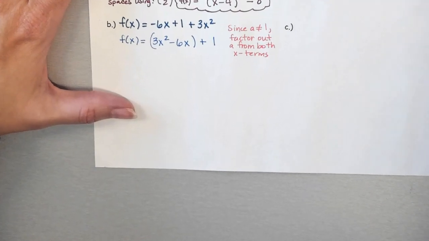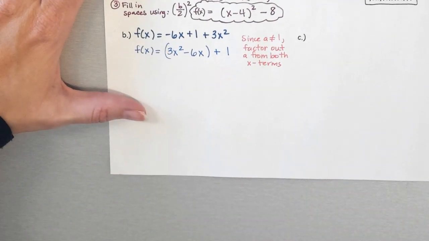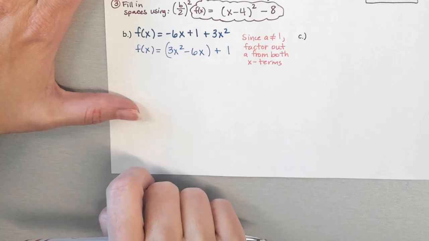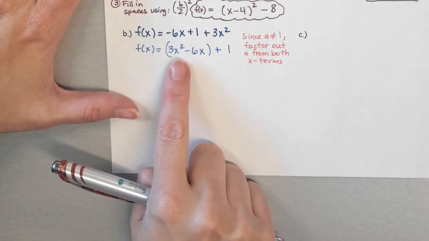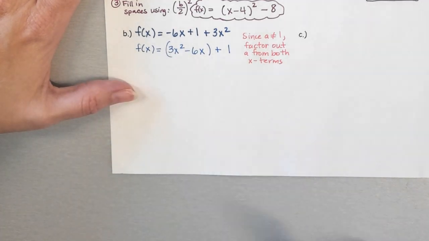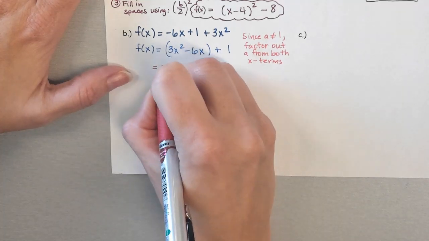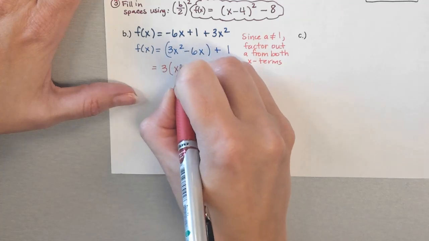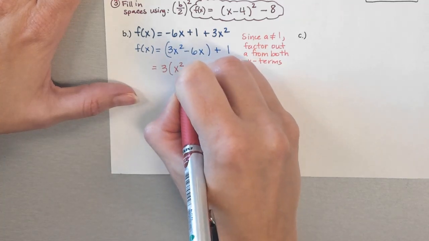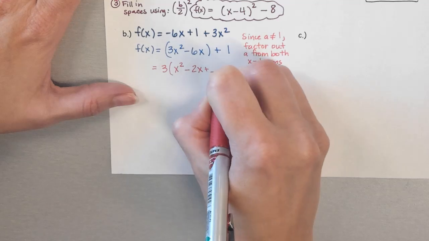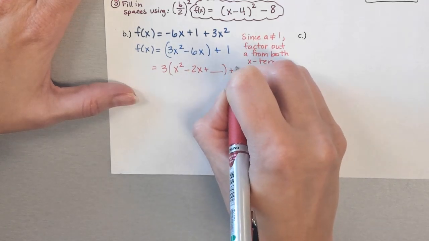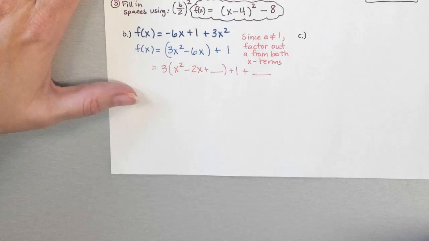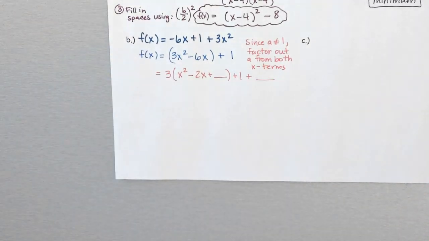Okay, the only part you're using to complete the square are the x values. So that one works out quite nicely because what goes into both 3 and 6? 3. So you're only factoring out the 3. You're not factoring anything else out because you're going to be completing the square now. And then we're going to leave the plus 1 and then the plus blank. Okay, so we're taking something that we did before last year and now we're extending it a bit.